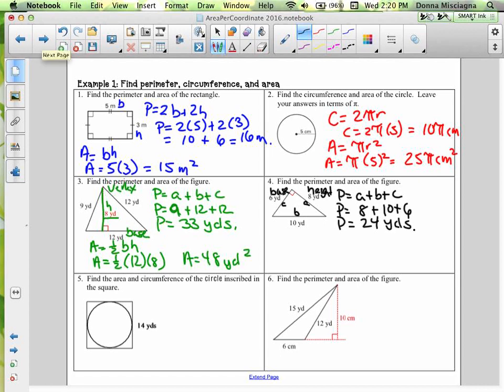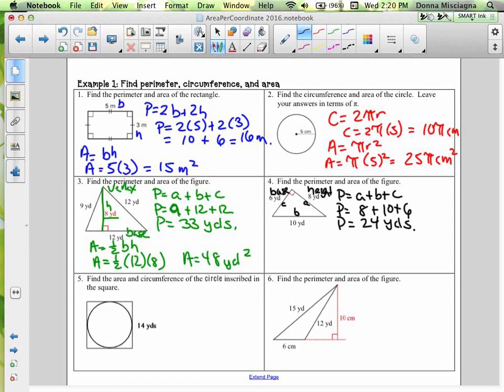It doesn't matter which side is A, B, and C. You're just adding them up. And on the right triangle, it doesn't matter who's the base and who's the height, but those are the 2 values you're going to use. The only time you're using 2 sides is for a right triangle.